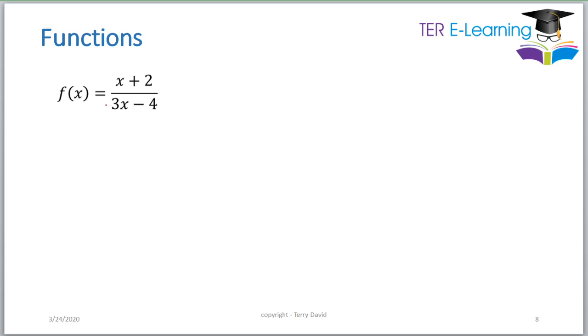If they want the value of x for which the function is undefined, we need to put the denominator equal to 0. So we need to put 3x minus 4 equal to 0. Therefore 3x is equal to 4, and therefore x is equal to 4 over 3. So this is the value of x for which f of x is undefined.